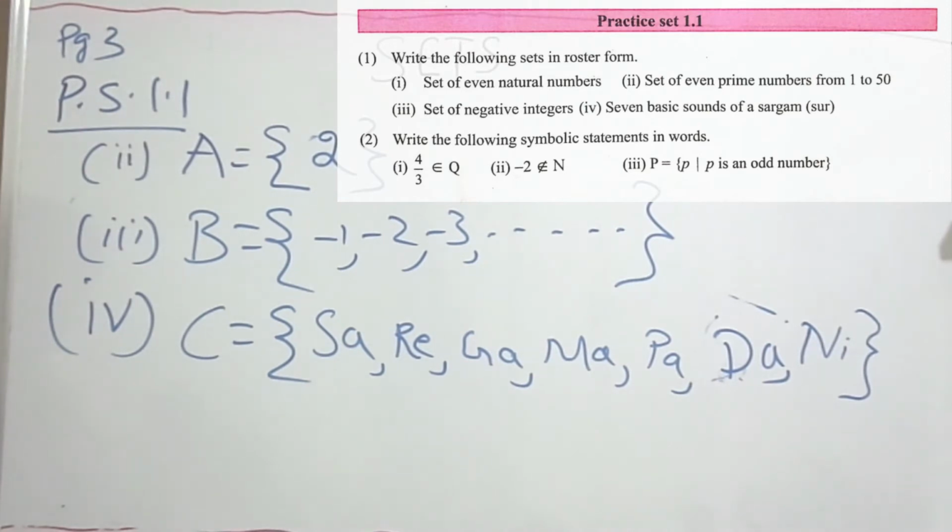Turn the page, go to page number 4. Question number 3. Write any two sets by listing method and by rule method. This is homework. You can write any two sets of your choice. Question number 4. Write the following sets using listing method.